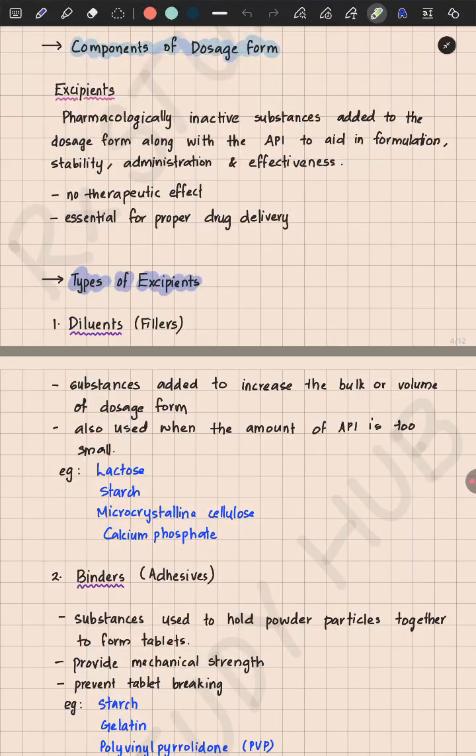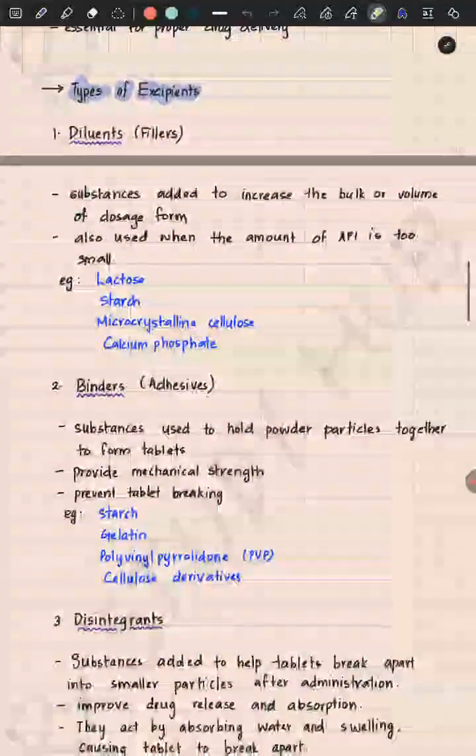However, the API alone is not enough to create a usable medicine. This is where excipients come in. Excipients are the inactive substances that are added to the formulation to support the drug. They do not have therapeutic action, but they play a very important role in the formulation and performance of the dosage form.